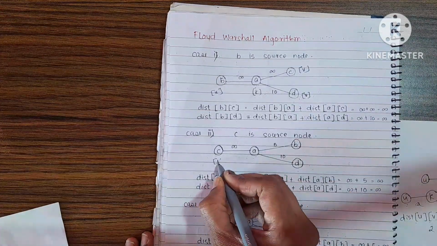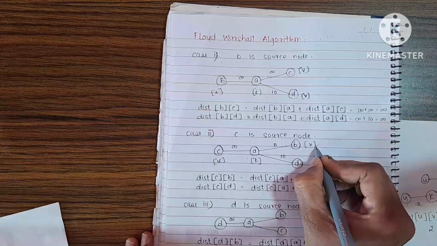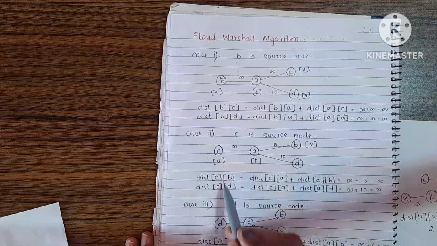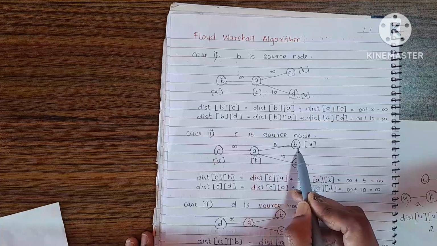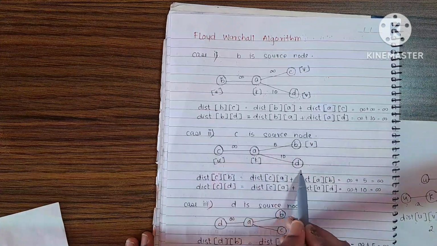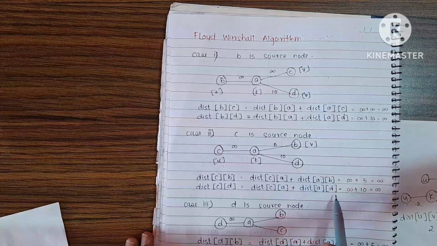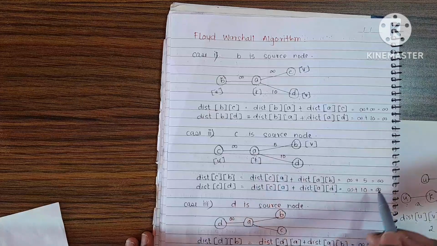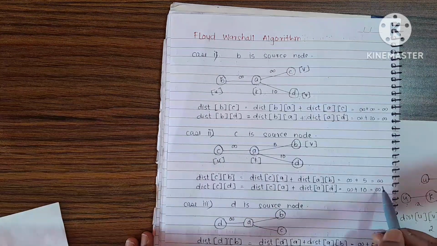So this is the U node, this is the K node, and this is the V node. Distance CB is equal to distance CA plus AB. Distance CD is equal to CA plus distance AD. As CA is infinity, we are not required to calculate the total distance because it is going to be infinity itself.